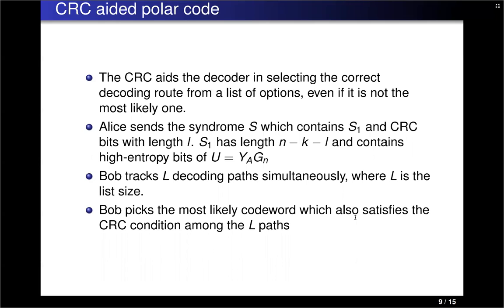And also Alice sends the CRC bits with length L. So at the end, she sends n-k bits to Bob.